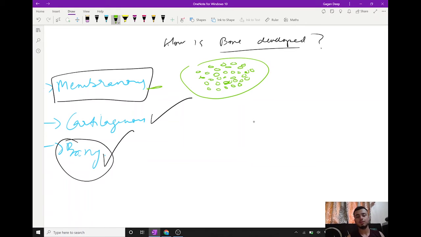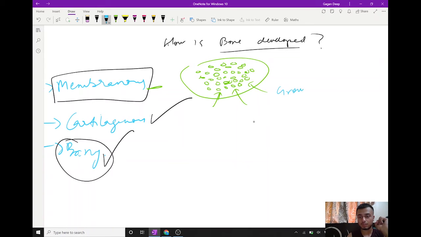They form a membrane. To give a better understanding, a membrane is anything which is thin and pliable. It's not as hard. You can think of your skin as a membrane right now. It's a kind of skinny layer, then it hardens. How? The deposition of ground substance and fibers takes place.